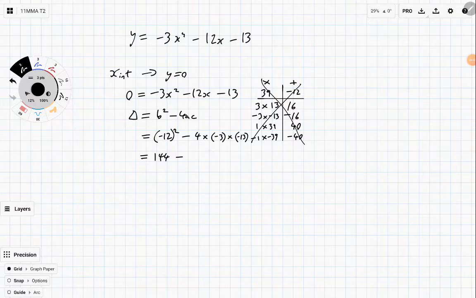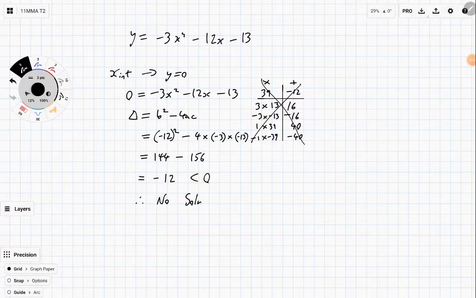Negative 4 times negative 3 times negative, it's going to be a negative. 4 times 3 is 12. 12 times 13 is going to be 156. Doing the subtraction is going to be negative 12, which is less than 0, therefore no solutions.